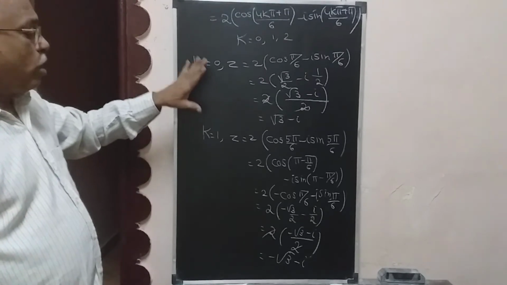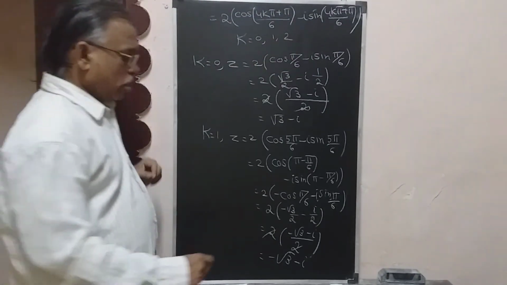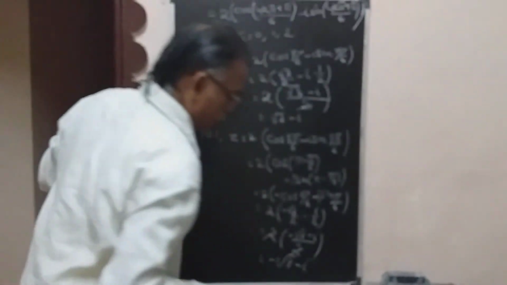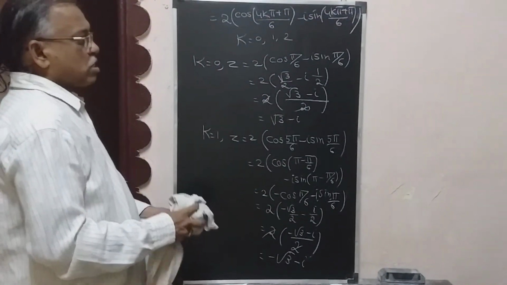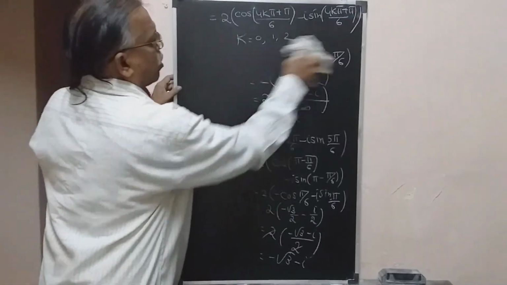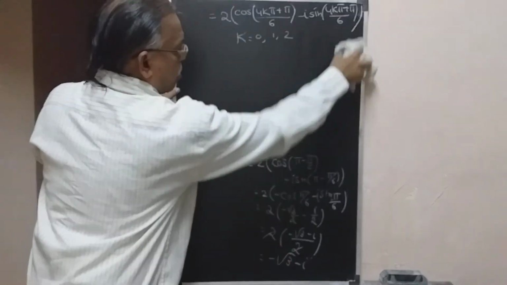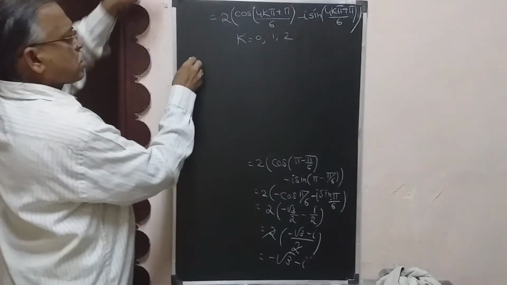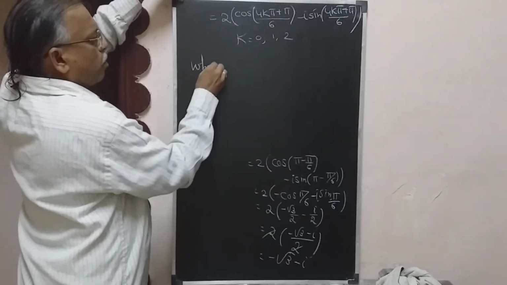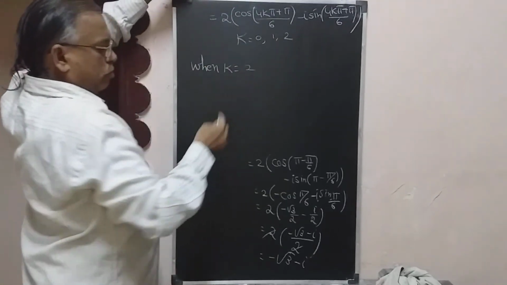So one more value also you must find when k is equal to 2. Okay. So first value finished, second value finished. Now we are going to see the third value student. So third value. So what is your third value here? So now when k is equal to 2.